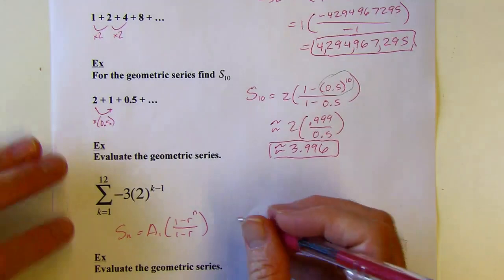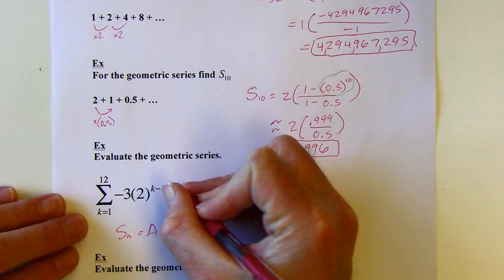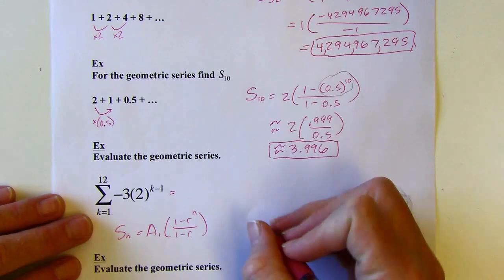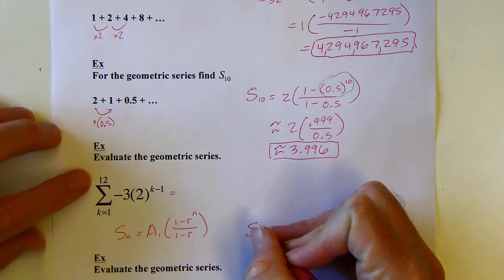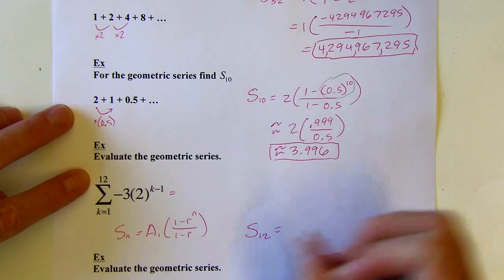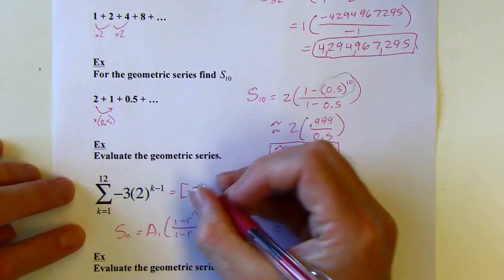All right, so I need the first term. Let's build the first term. I'm going to get the first term by plugging in 1. This is going to be the sum of the first 12 terms, right? So the first term I'll get by plugging 1 in for k.